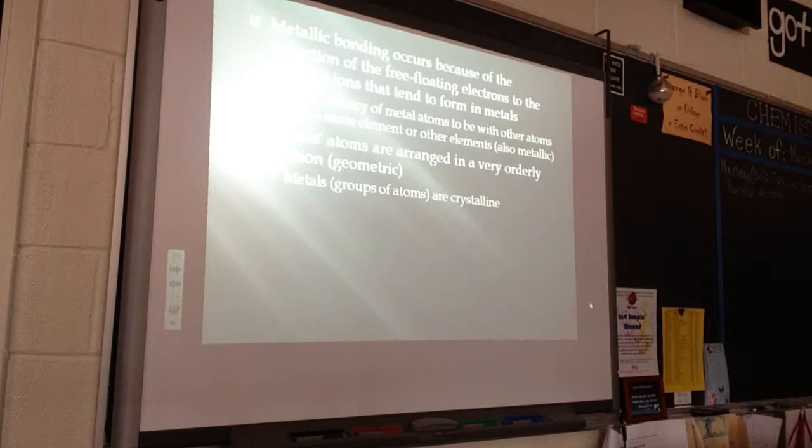So what that means is that groups of atoms of a metal, like a sample of, as I said a minute ago, aluminum, are crystalline. When you see the word crystal, what kind of things come to mind? Like if you came upon a crystal, how would you describe it? Sharp, okay. Sometimes they're shiny, because they reflect light a lot, right? What else?